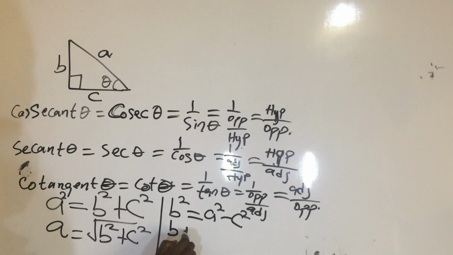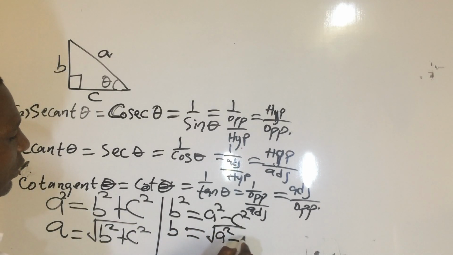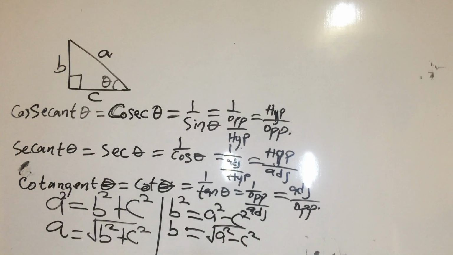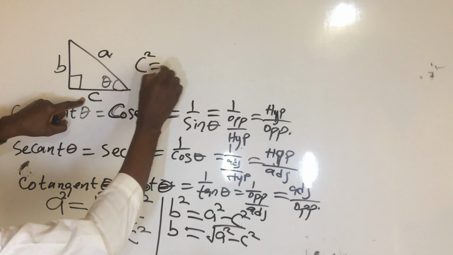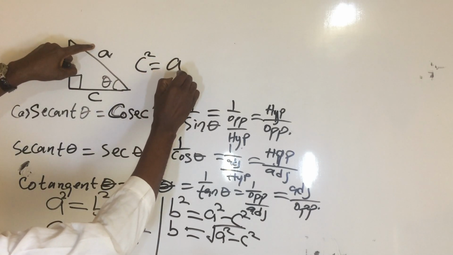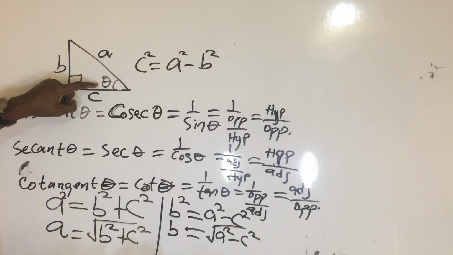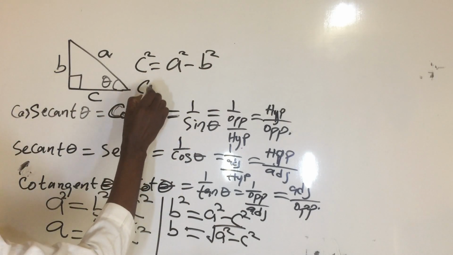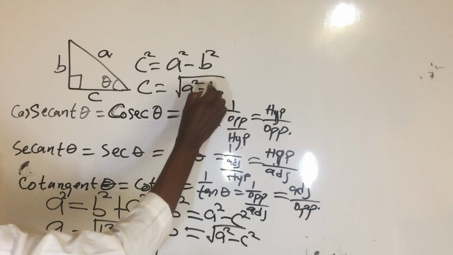Making B the subject of the formula, we have the square root of A squared minus C squared. The same thing, making C the subject of the formula, we have C squared equals A squared, that is hypotenuse squared, minus B squared, so C equals the square root of A squared minus B squared.